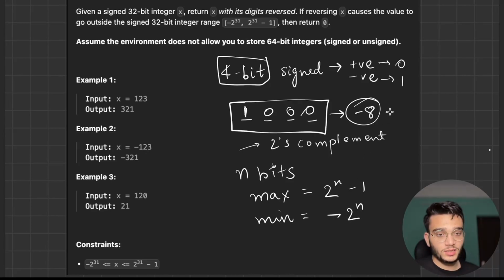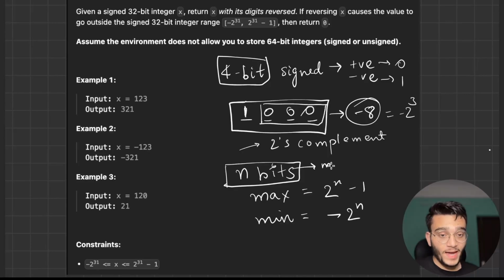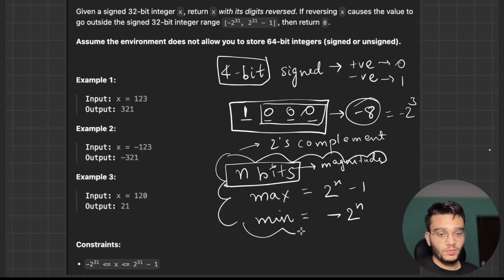Minus 8 in this case is minus 2 to the power 3, since here these 3 bits are being used to represent the magnitude of the integer. Remember, these n bits represent the magnitude of the integer, not the actual integer. Okay. So yeah, as a rule of thumb, you should always remember this.